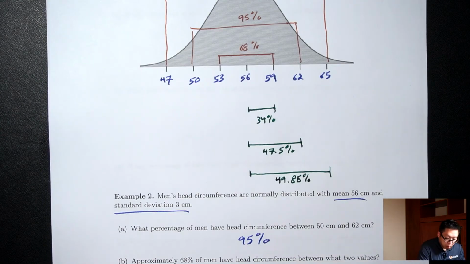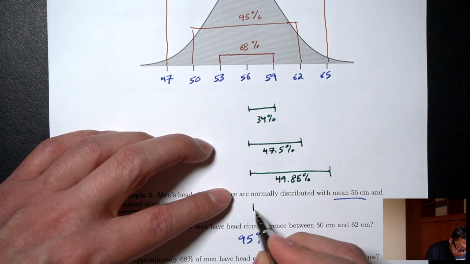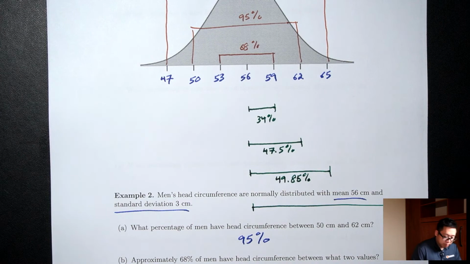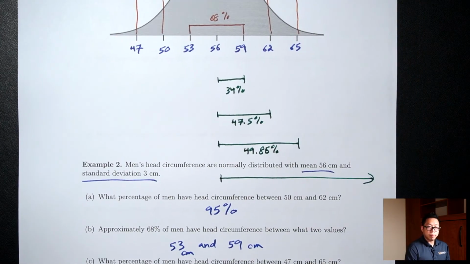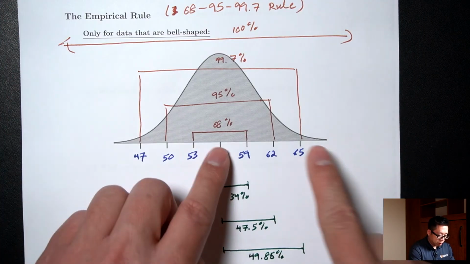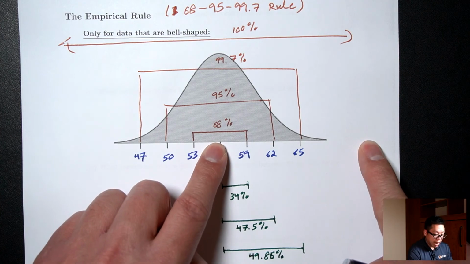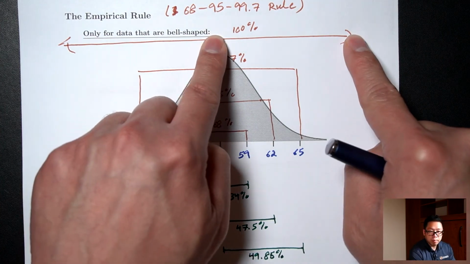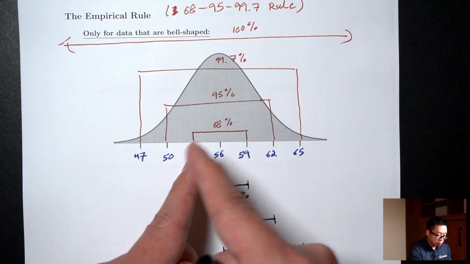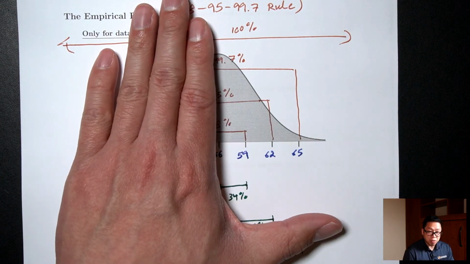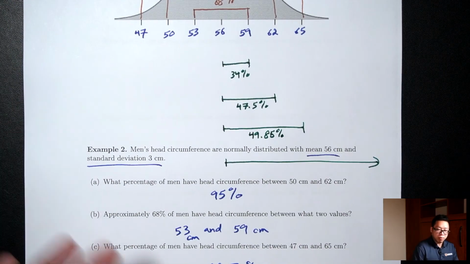And then middle all the way to the right. Middle all the way to the right is half of the 100%. Okay, so middle all the way to the right, which is just half of that picture, is 50%, because 50% is half.